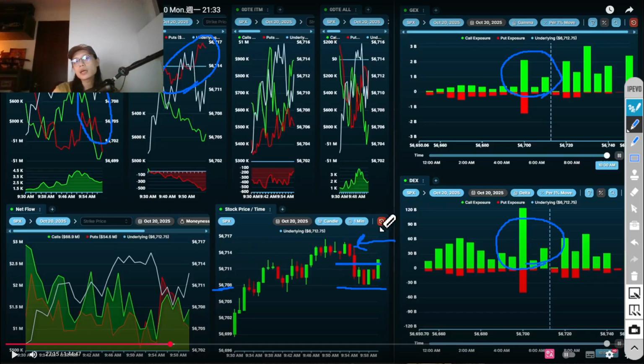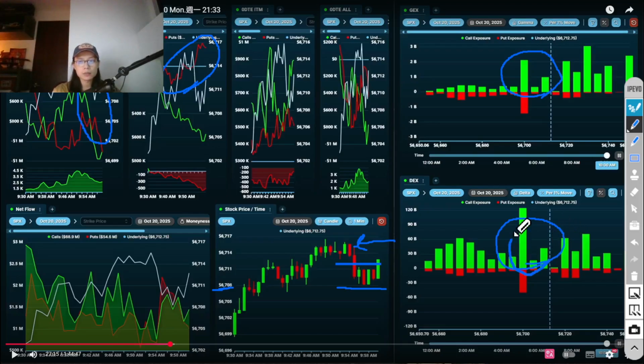Why? Because like I said, in ITM, there are still conservative traders who are long the stock, long the equity. Somebody's long the index. ATM and OTM switched their scenario a bit over there, but on the exposure side, it's very obvious.